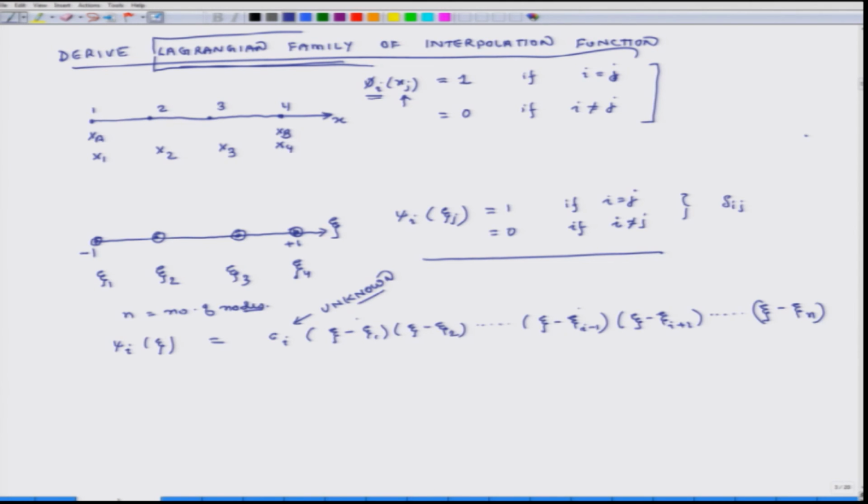What is the value of this function at the ith node? Its value is 1 at the ith node. So, we find the value of Ci using this condition. So, psi I at zeta I, let us call the previous expression equation A. What is the value of psi I at zeta I?